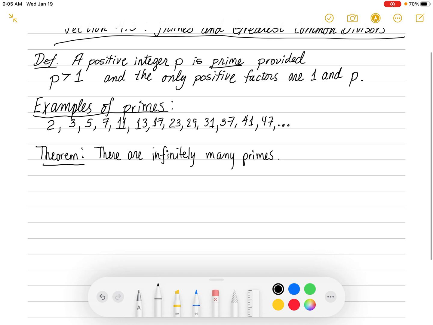Okay, so what does it mean to not be prime? Here's a definition. A positive integer n is composite. That's what we're going to define here.